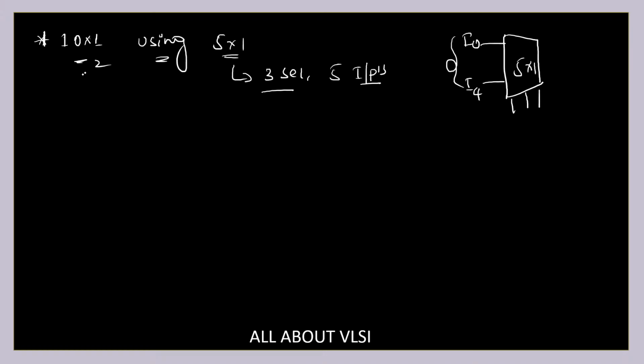Now I'm going to first of all come up with the truth table of my 10 cross 1 mux. It is going to look like this. I'm going to write it down. And the 10 cross 1 mux is going to have 4 select lines S3, S2, S1, S0.